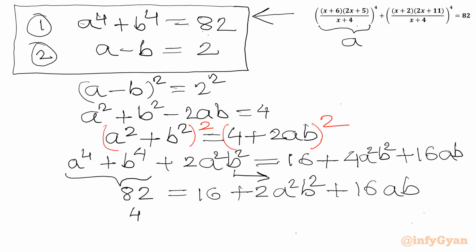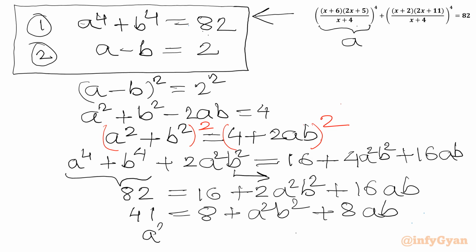So I can write 41 = 8 + A²B² + 8AB. Now I will write our quadratic equation in AB as A²B² + 8AB - 33 = 0.